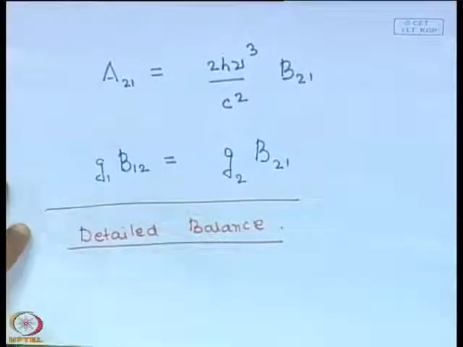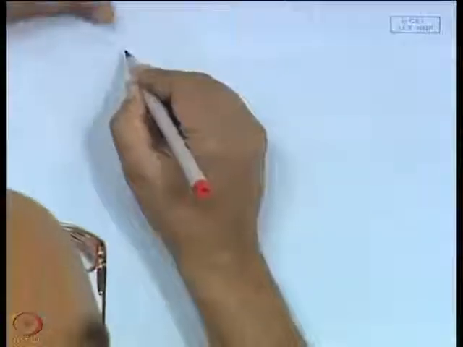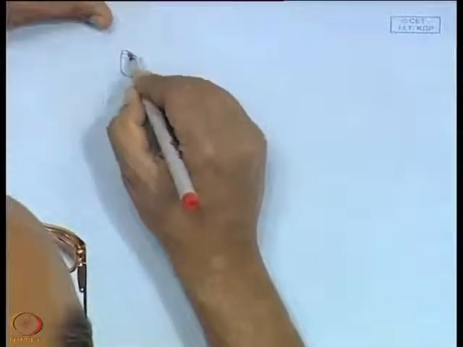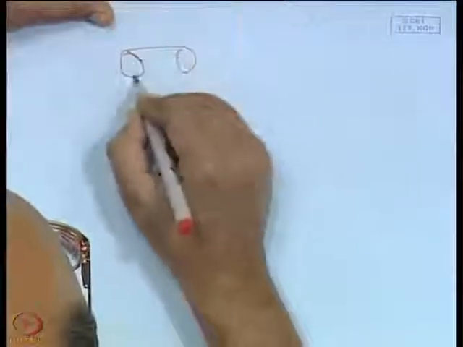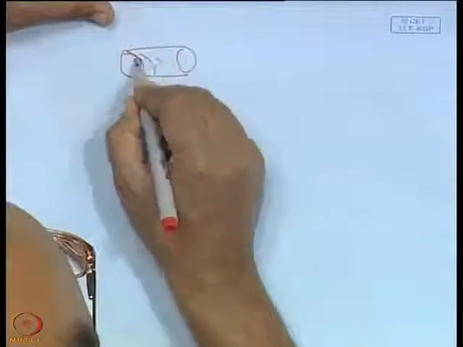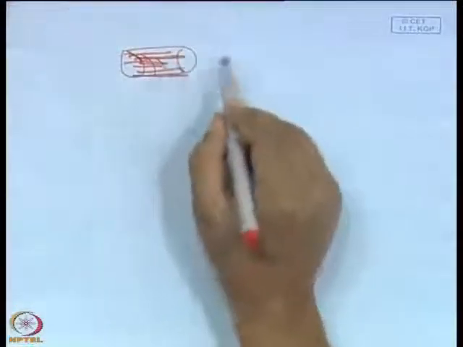Okay, let us first calculate what the emission and the absorption coefficients are, in terms of these Einstein coefficients. The system that we are dealing with has a medium over here, and this medium is made up of two level systems, could be atoms.